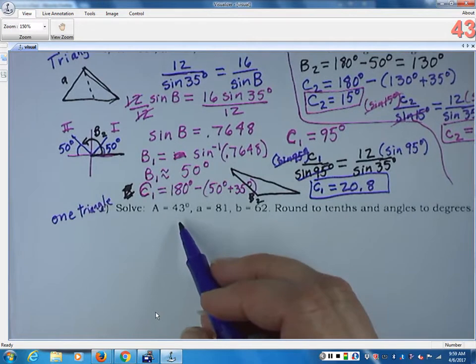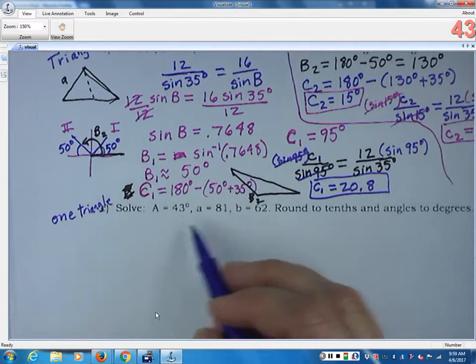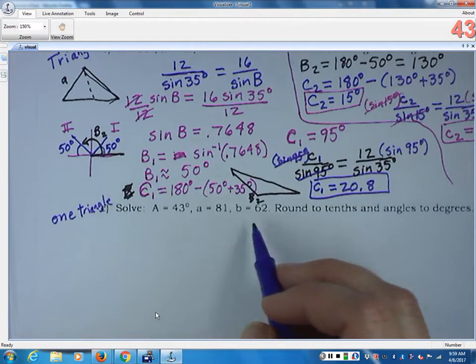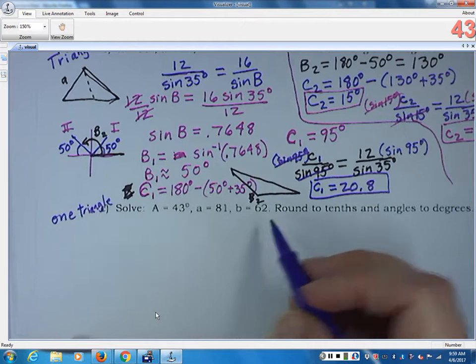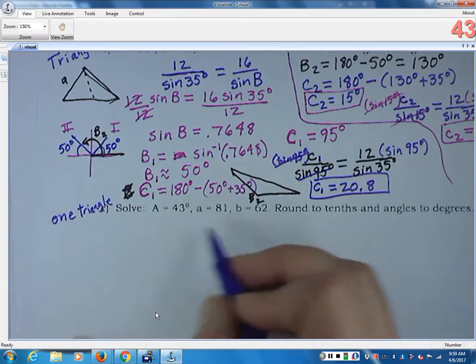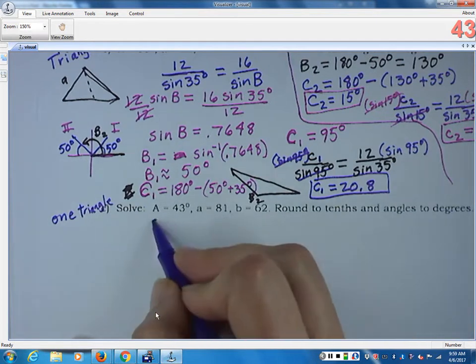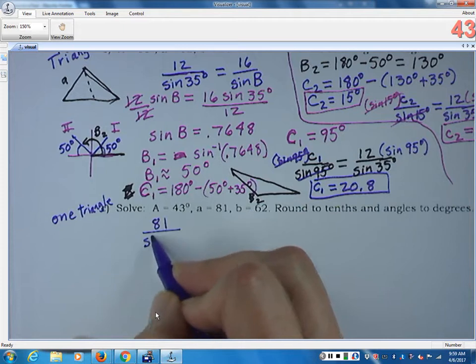So if A is 43 degrees, side A is 81 and side B is 62. What's the known ratio? The known ratio is 81 over sine 43.